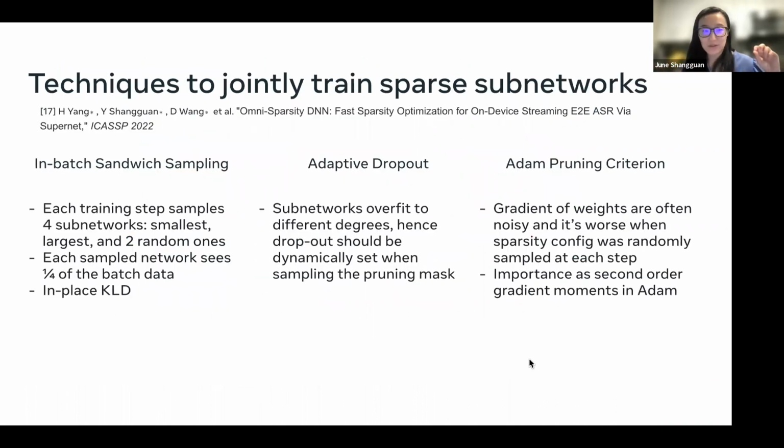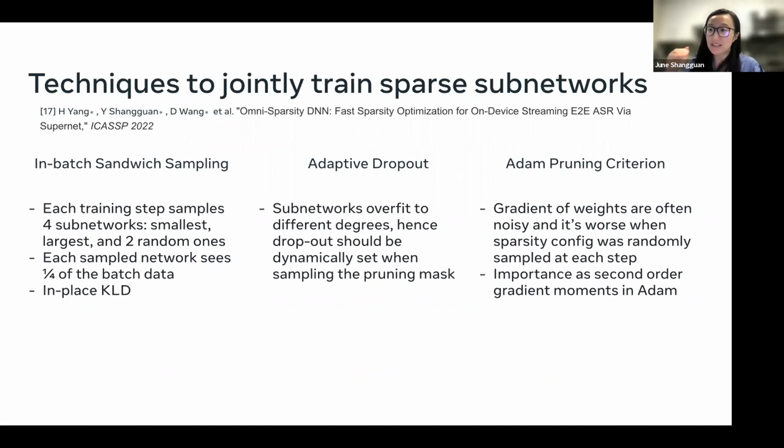I will wrap up very soon, but the mechanism we have is for each batch, we do an in-batch sampling, but we only sample 4 models: the biggest, the smallest, and 2 random models. And each model sees a quarter of the batch. We also use adaptive dropout, in which we scale the dropout according to your sparsity per layer.